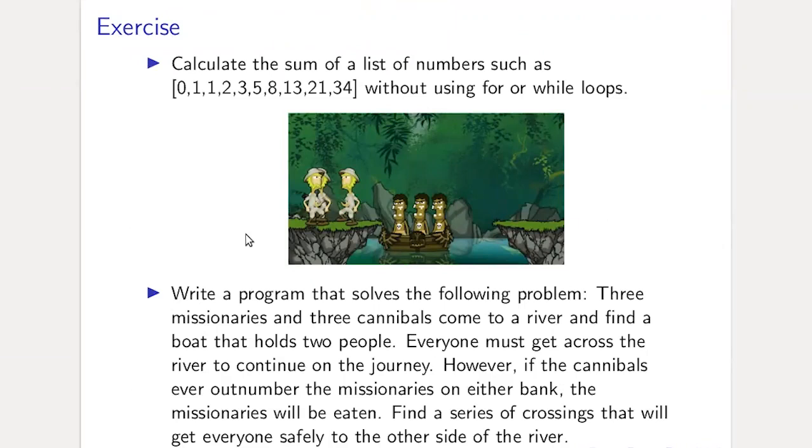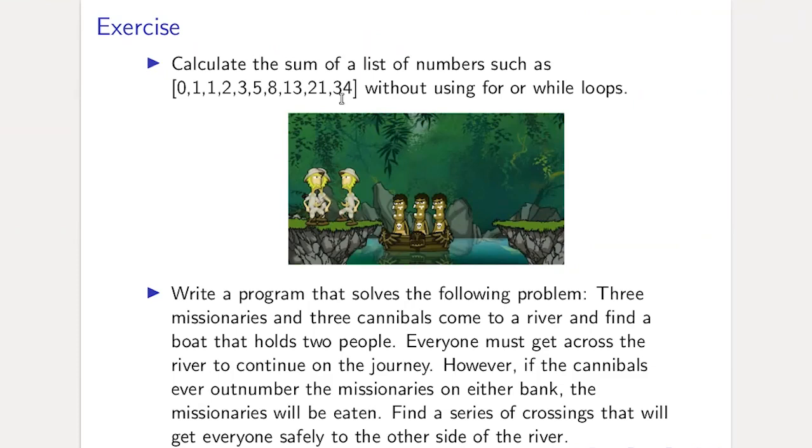First one is to calculate the sum of a list of numbers. So this is a list of numbers 0, 1, 1, 2 like that, and you should take the sum of these numbers without using a for loop or a while loop. Essentially you have to do this using recursion, no for loops, no while loops.